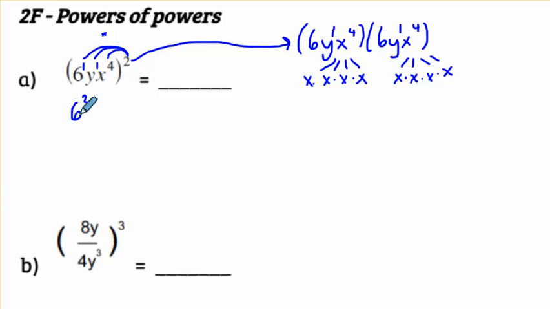So our base does not change, it's still 6. Our exponent is 2. Then we go to our y's. Our y does not change. The exponent does because now it's 1 times 2 is 2. And now we have x. So we still multiply those exponents, and 4 times 2 is 8.